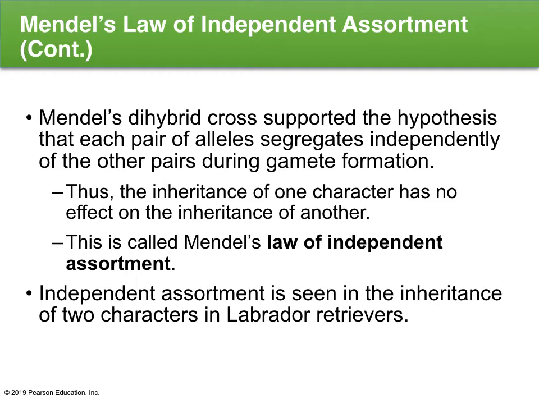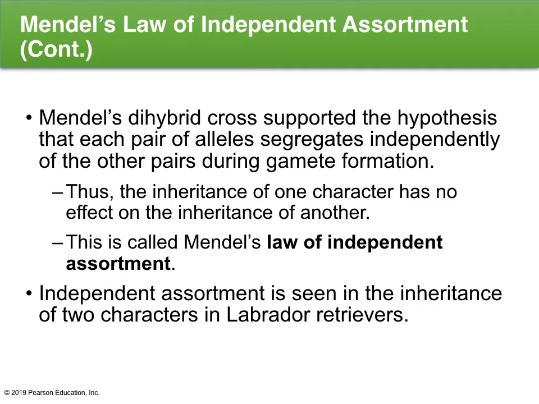You can't say, oh, if it has round texture, it's going to have yellow color. It could be round texture and yellow or green. So each is inherited independently. And this is what we call the law of independent assortment, that alleles segregate independently.